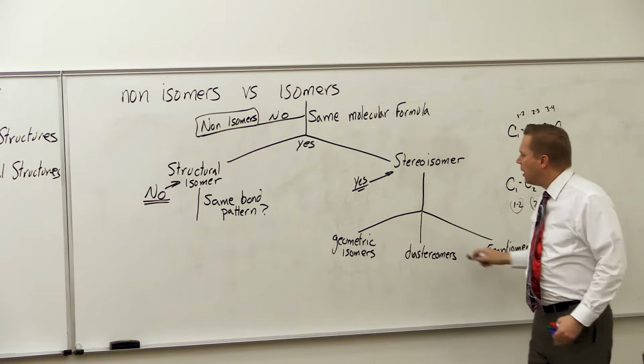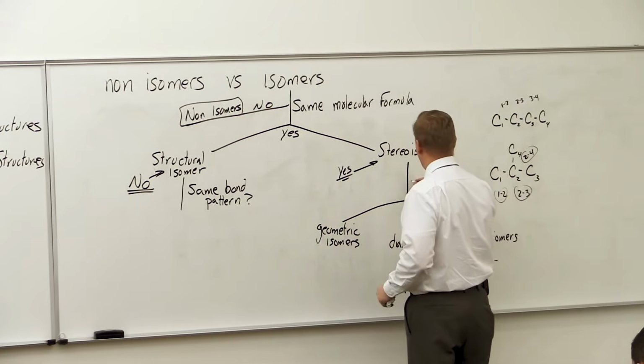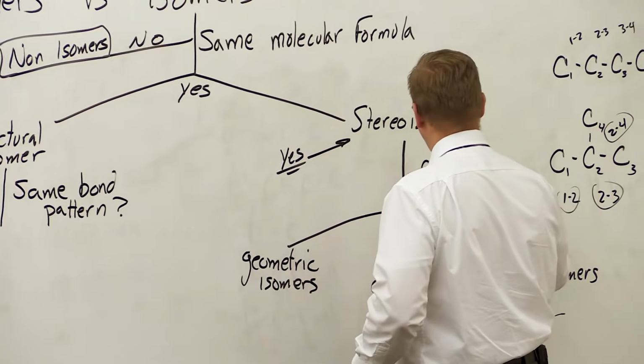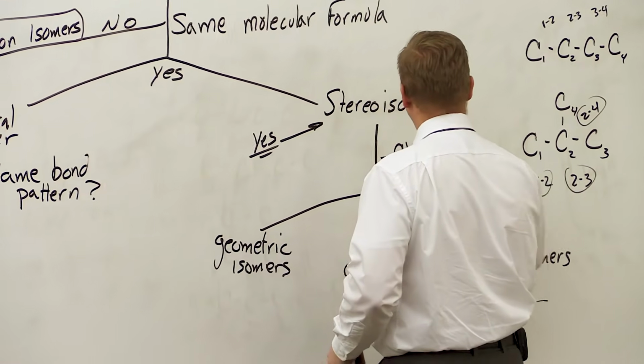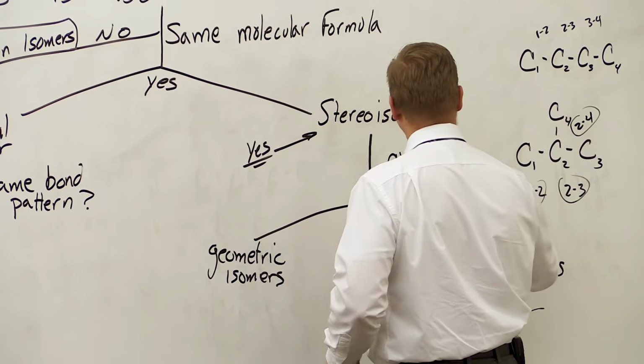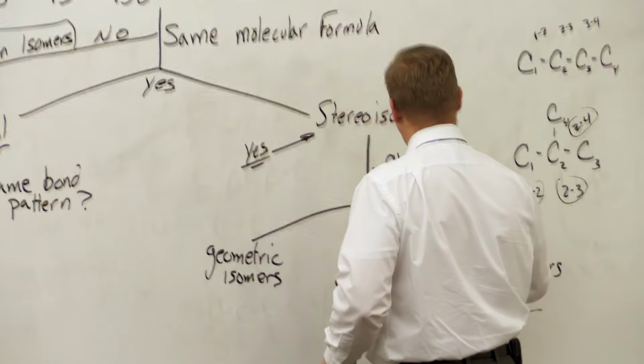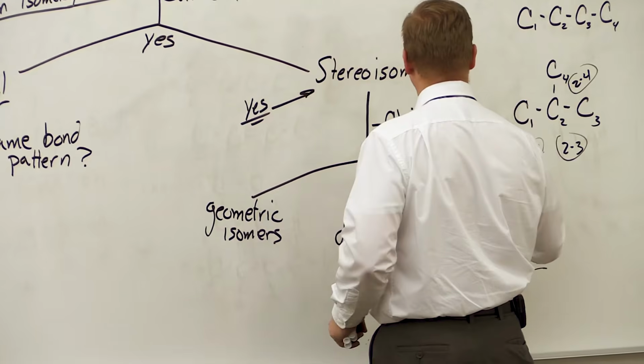Now, how do these differ? Stereoisomers differ one from another by what we call a chiral center or a chiral carbon.